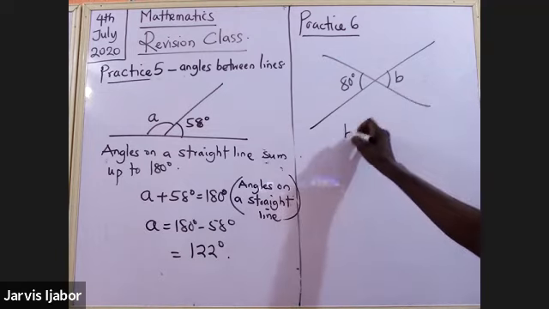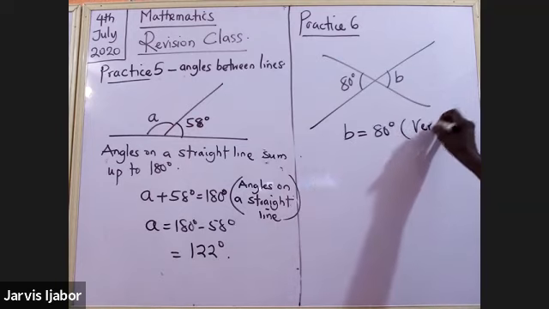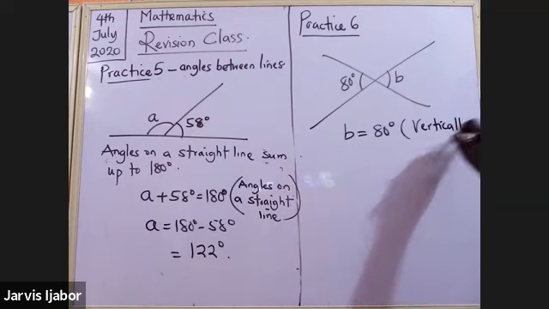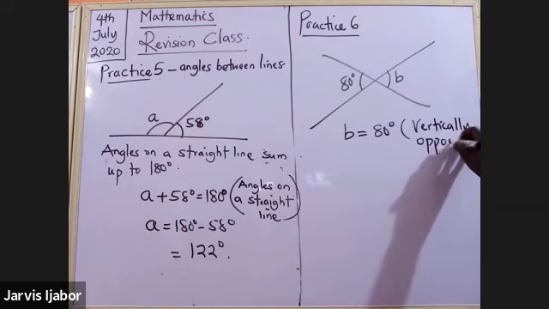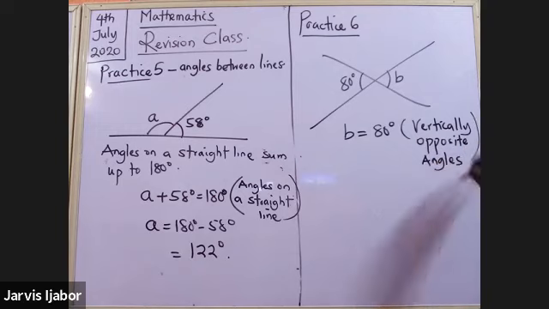Now, B is equal to 80 degrees. What is the reason? Vertically opposite angles. I don't know if uncle has told you that.